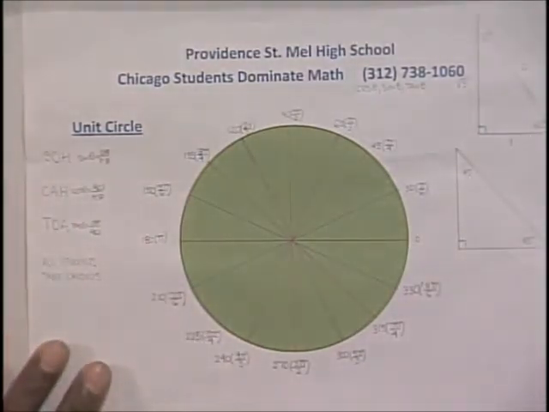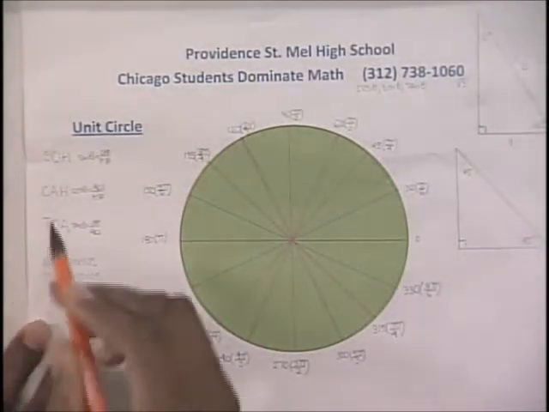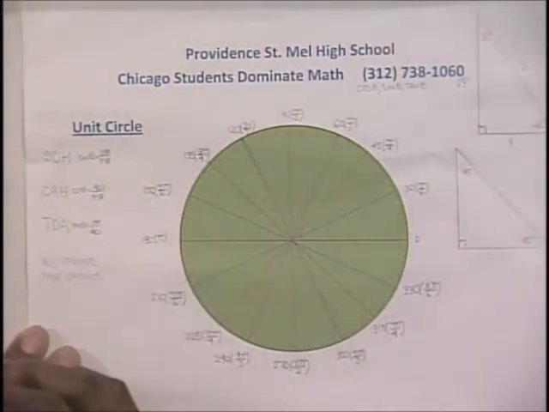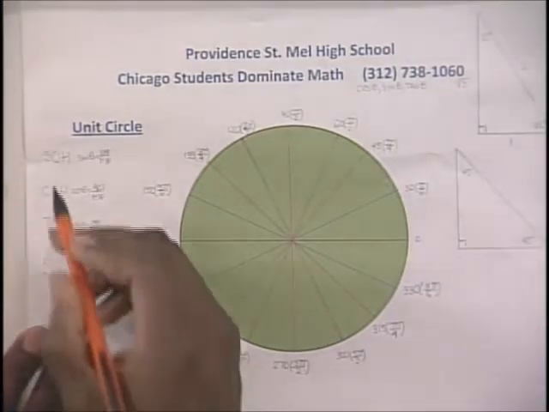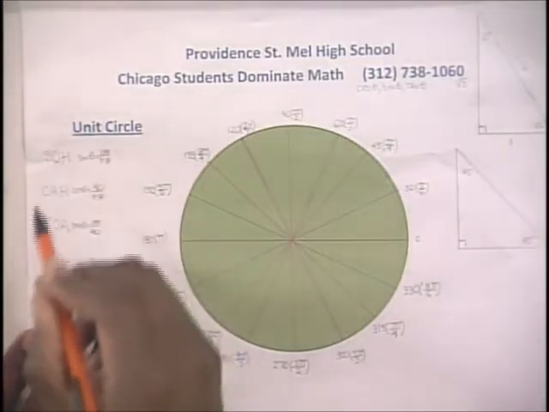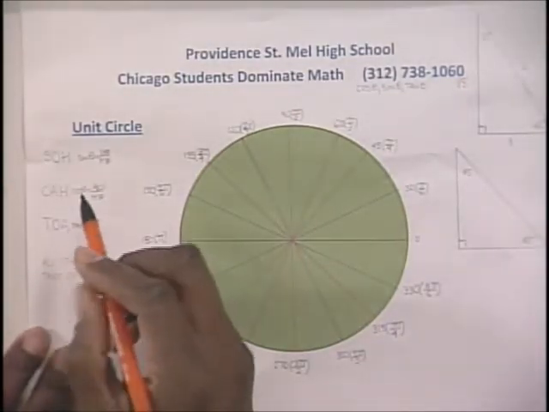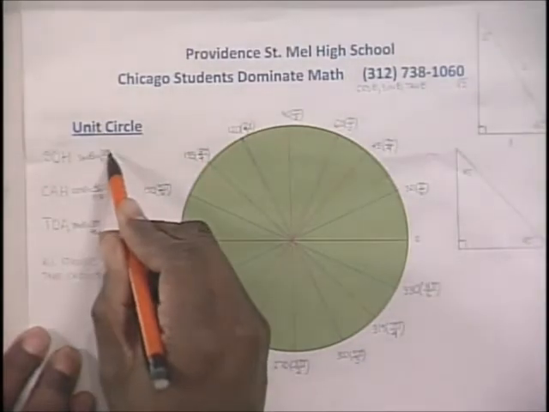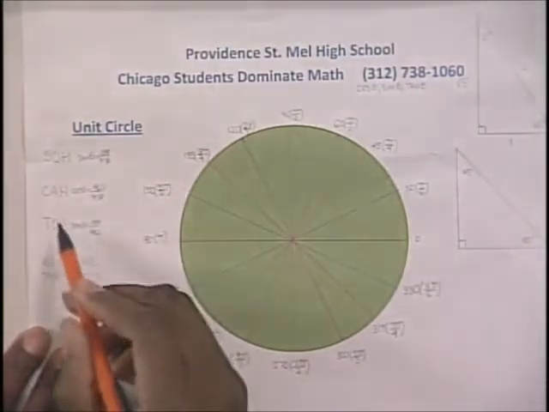SOHCAHTOA, you've heard that before, possibly. Your teachers would repeat SOHCAHTOA over and over again, only to get you able to memorize the letters. SOH, in hopes that you could remember that the sine of an angle is the opposite side over the hypotenuse.